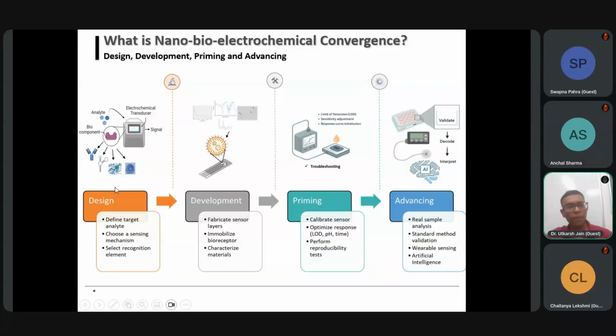Now, once we have defined our target analyte, and once we have thoroughly understood what mechanism we would like to follow. Mechanism is very important. For instance, if I talk about an electrochemical biosensor where I am utilizing an enzyme as the biorecognition element, that means the enzyme works with the analyte, which is actually a kind of binding partner for the enzyme, and a product is formed.